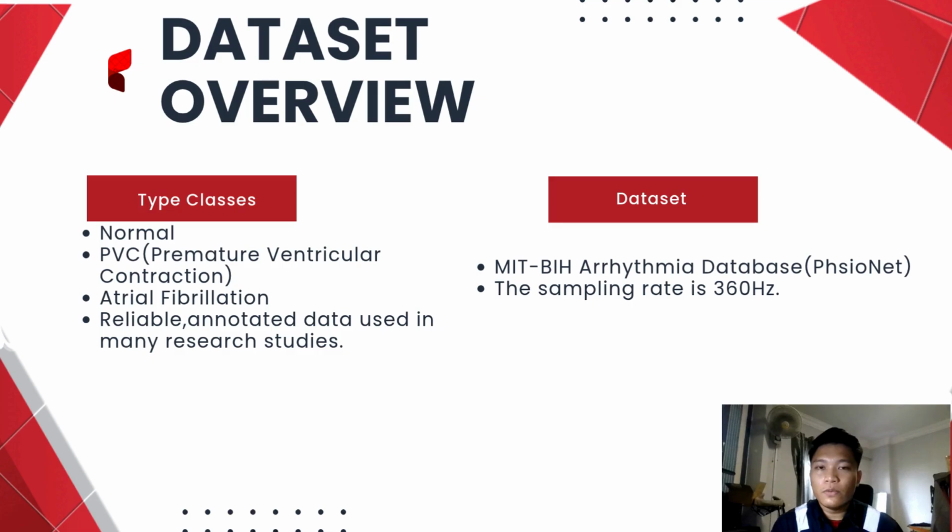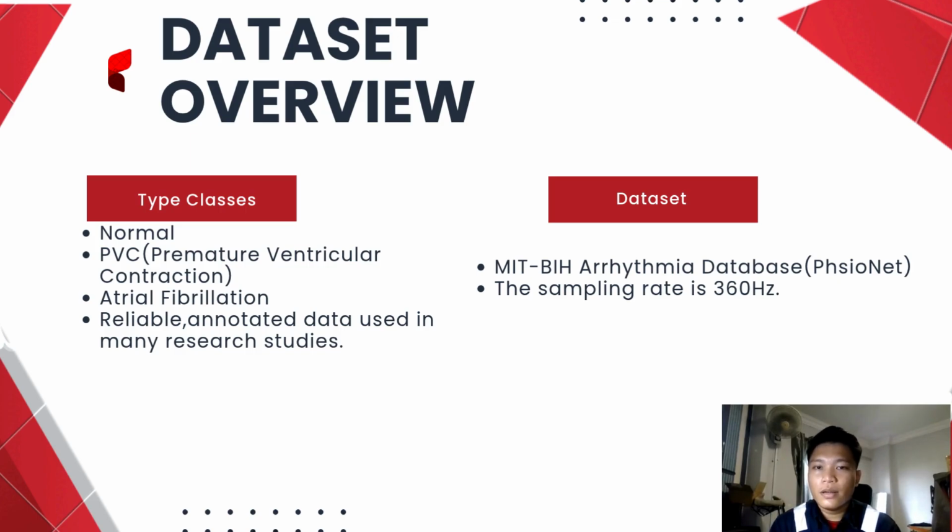Which is the database or dataset overview. The dataset I use is the MIT-BIH Arrhythmia dataset, which is provided by PhysioNet. It contains ECG recordings sampled at 360 Hz from multiple patients.